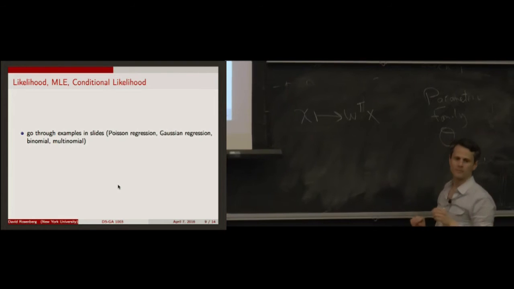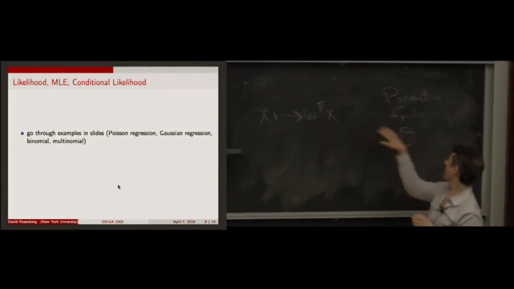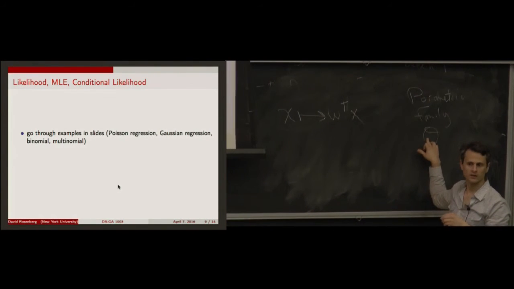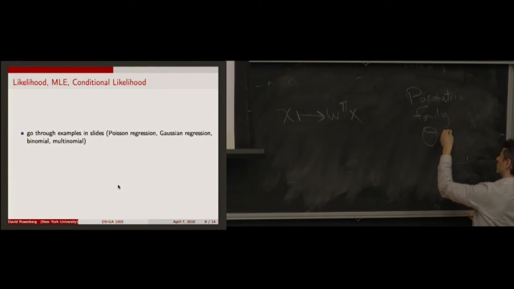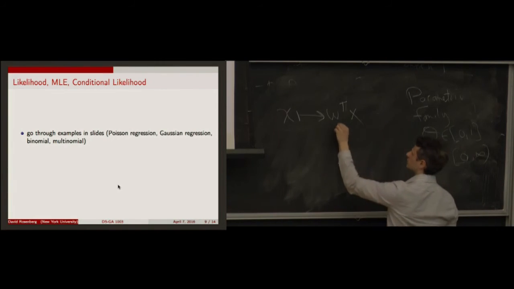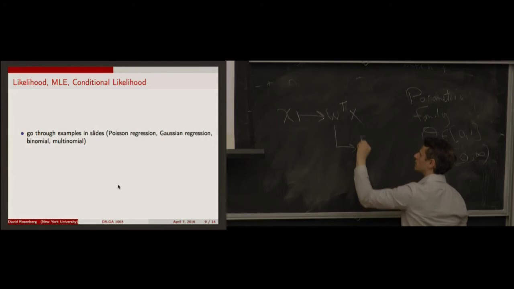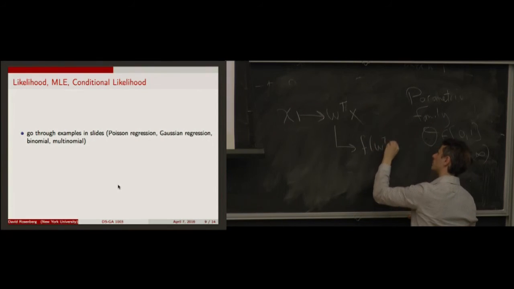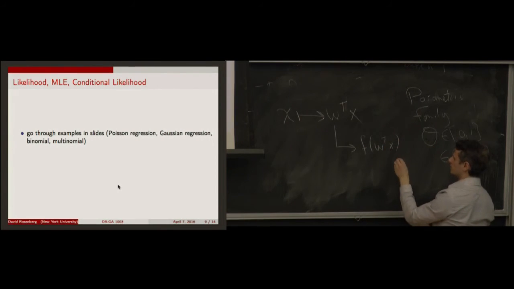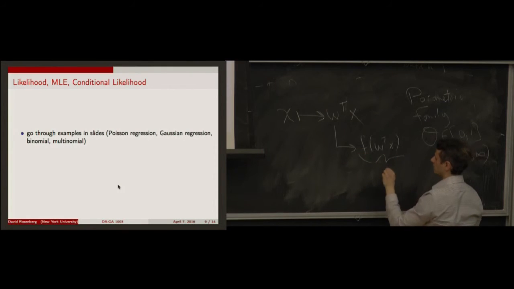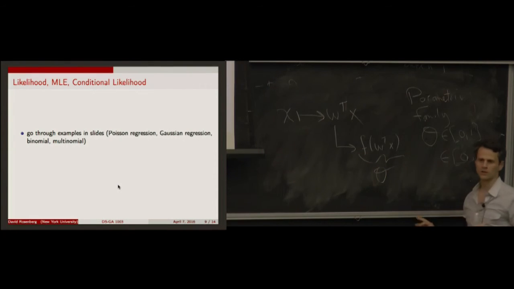And then finally, we want to map it into theta. Theta may have some restricted range, so we might have theta in [0, 1], or theta in [0, infinity). So this gets mapped to f of w transpose x, which we take to be theta.